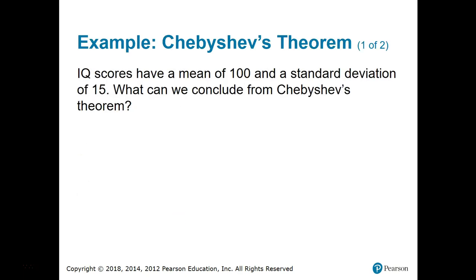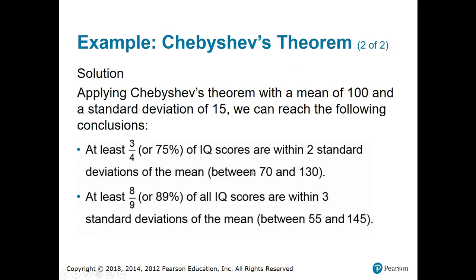All right, let's go with this one. IQ scores have a mean of 100 and standard deviation of 15, just like we had before. What can we conclude from Chebyshev's theorem? Well, at least 75% of scores will lie within 2 standard deviations, or between 70 and 130. So at least.